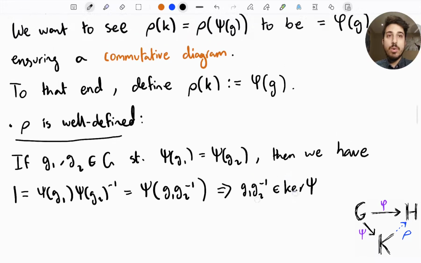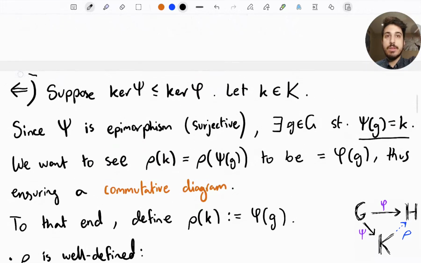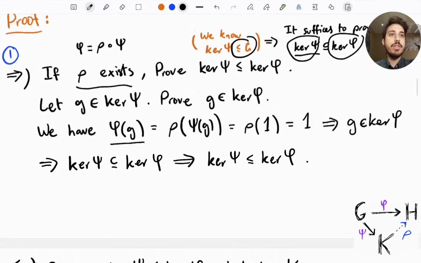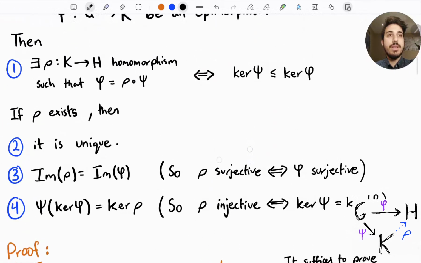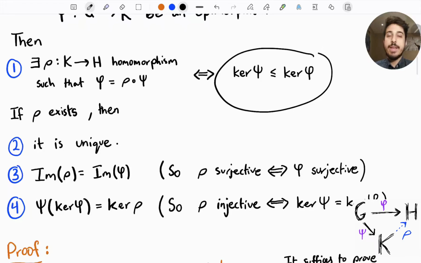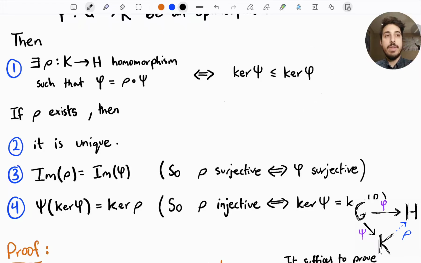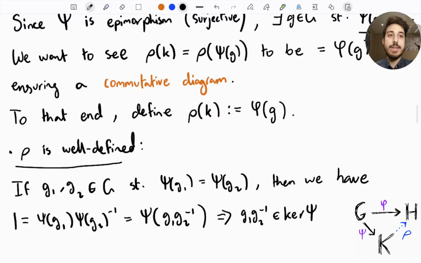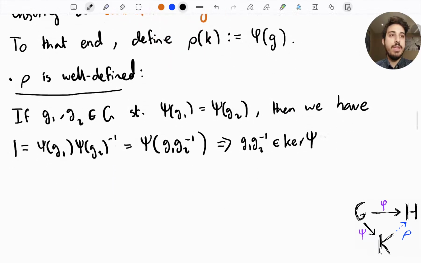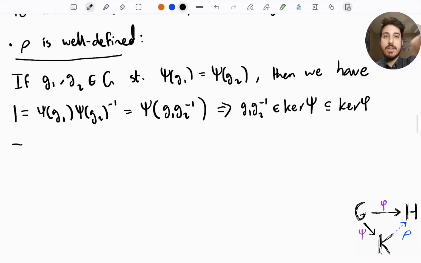Now, what did we suppose in this if statement? The backward direction. We have supposed that the kernel of psi is included in the kernel of phi. So any element in the kernel of psi is an element in the kernel of phi. And since this is an element in the kernel of psi, which is included in the kernel of phi, that means that G1, G2 inverse is an element in the kernel of phi.